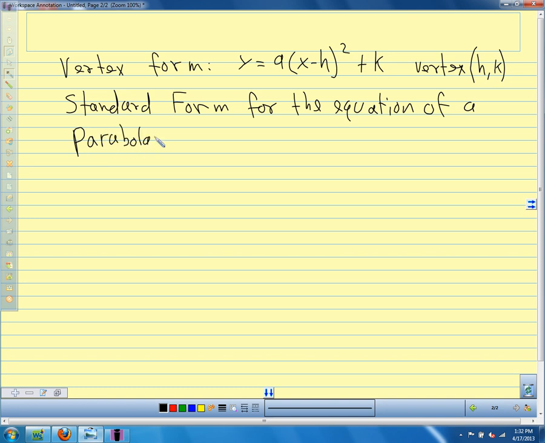We're going to go from our idea of a focus and a directrix and come up with our standard form. It's related to the vertex form, it's just a little different.